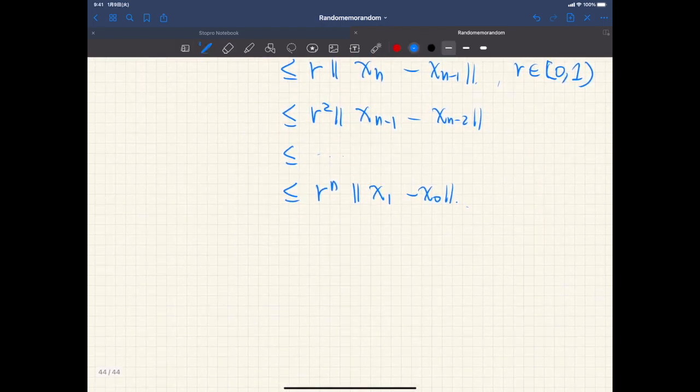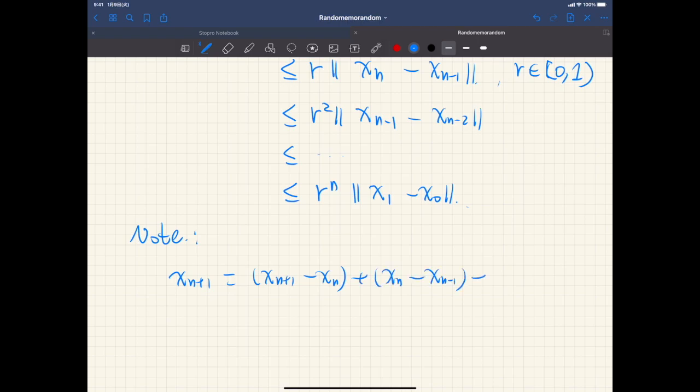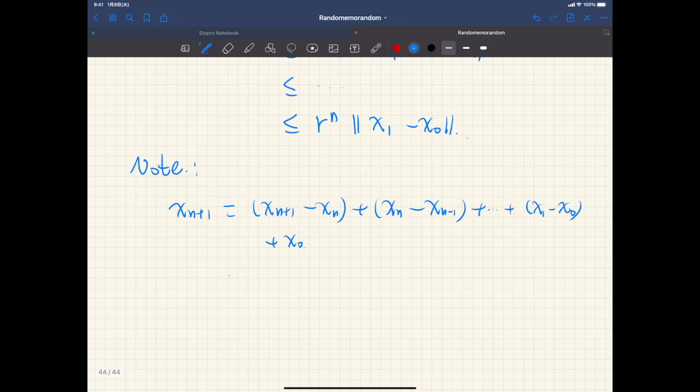Now, note we have xn plus 1 is xn plus 1 minus xn, plus xn minus xn minus 1, and so on, down to x1 minus x0, plus x0. So this is the sum, let's say k from 0 to n, of xk plus 1 minus xk, plus x0.